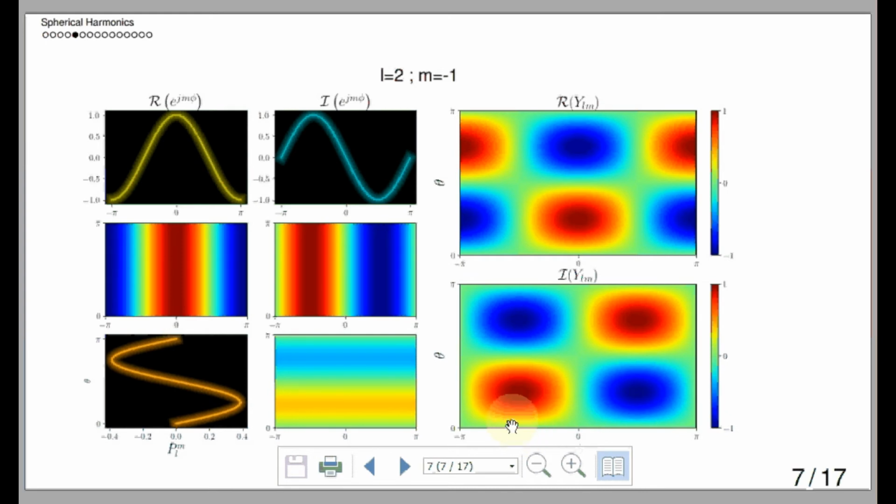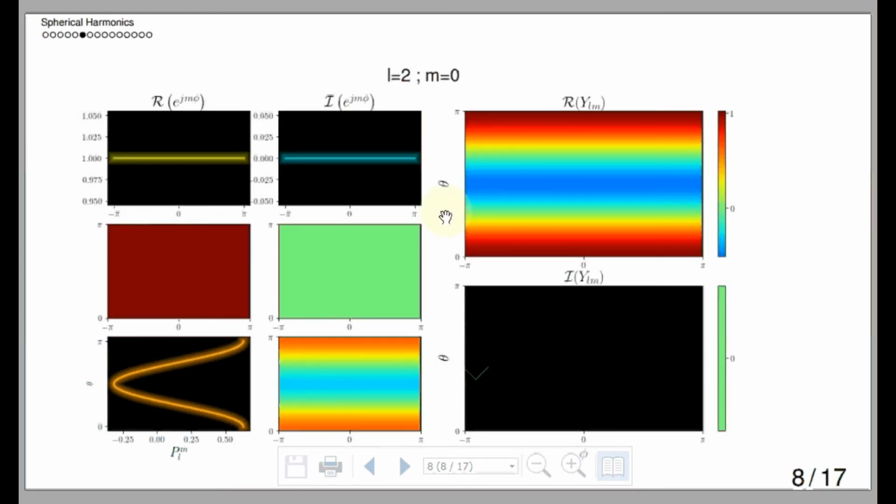And now when m equals 0, what happens? When m is equal to 0, the real part is exactly 1 and the imaginary part is 0, right? So when we tile this 1 across theta, we will get a constant plot here, and when we tile 0, it will be absolutely 0. When we multiply this real part with the Legendre function here, what you obtain is this one.